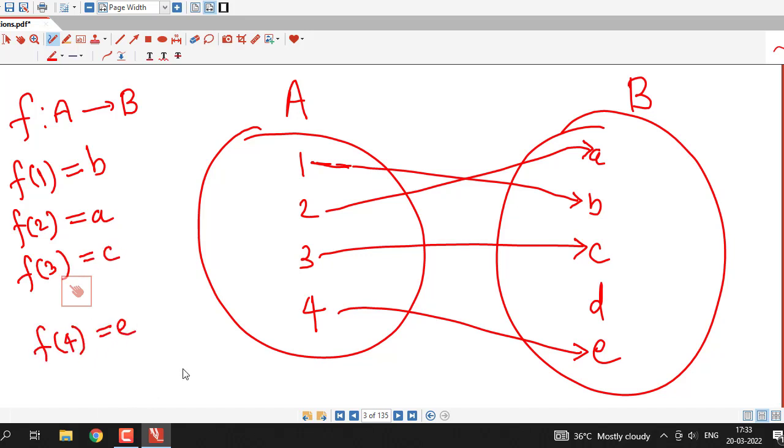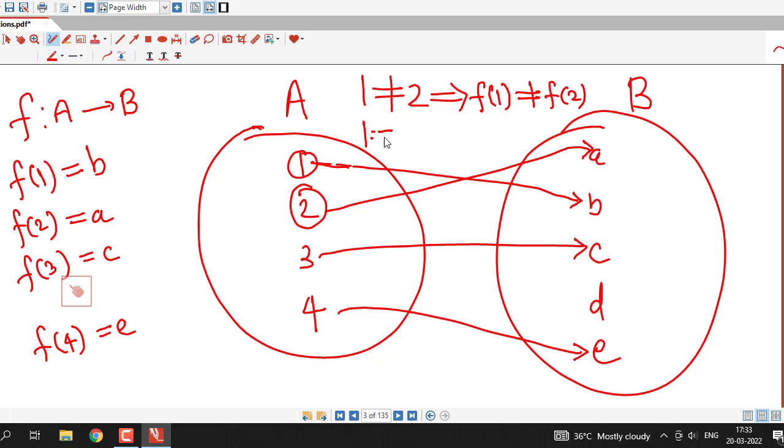So here we can observe that 1 and 2 are distinct elements and their images are also distinct. Here we assume that A, B, C, D, E all are distinct elements of set B. So we can note that 1 and 2 are distinct elements and their images, f of 1, which is B, and f of 2, are also distinct.